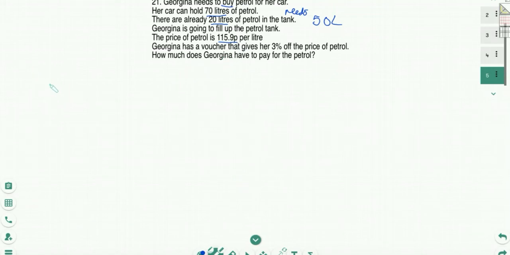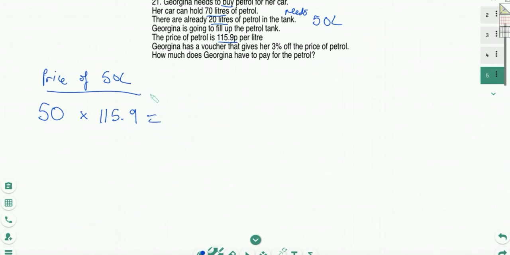So to find the price of 50 liters, it's going to be 50 times 115.9. So what does that give us? It'll cost her 5,795p for 50 liters.